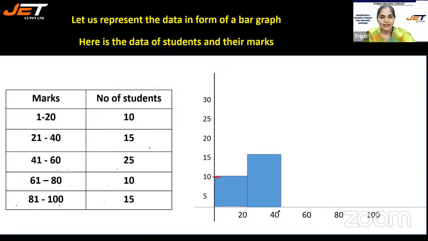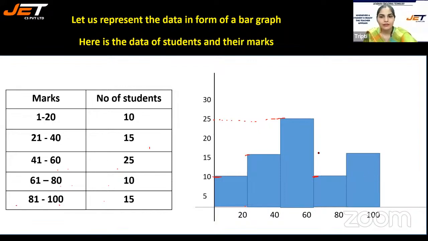I have stopped at 15. 41 to 60, it's 25. You can see right here, 25. 61 to 80, 10. That's how we can see 10. 81 to 100, 15. See?